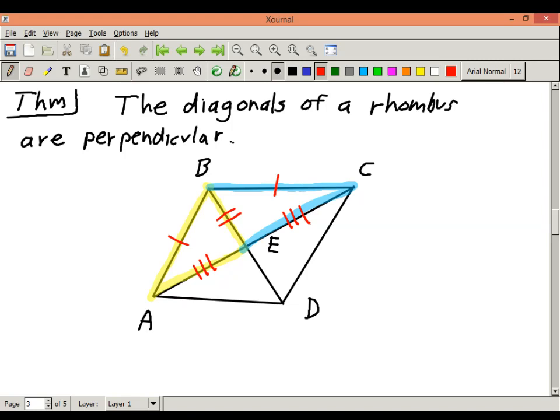That's why those two pieces are congruent. Diagonal AC got bisected because remember a rhombus is a parallelogram, and the diagonals of a parallelogram bisect each other. Okay, so now you can see those two colored triangles are congruent by SSS.